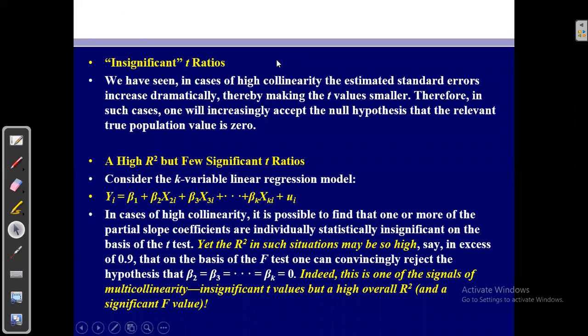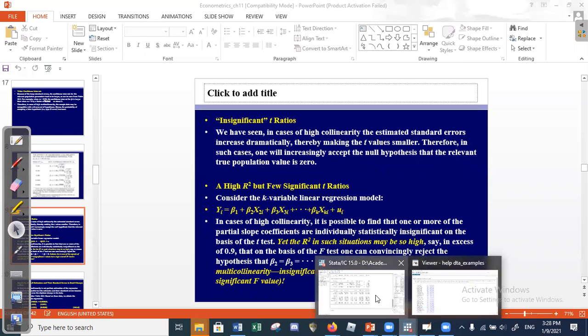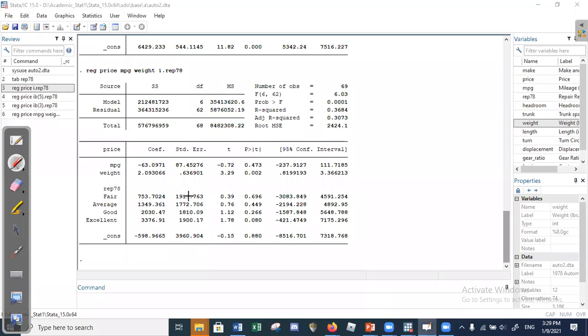In the last lecture, if you recall, we said that the T ratio is simply the ratio of coefficient to the standard error, okay? So for example, in the Stata output, this T ratio that you can see over here, how do you obtain this T ratio?